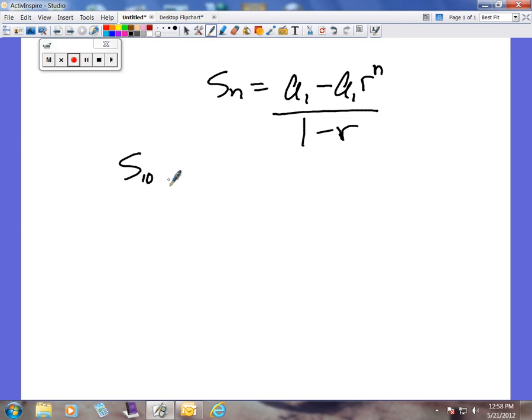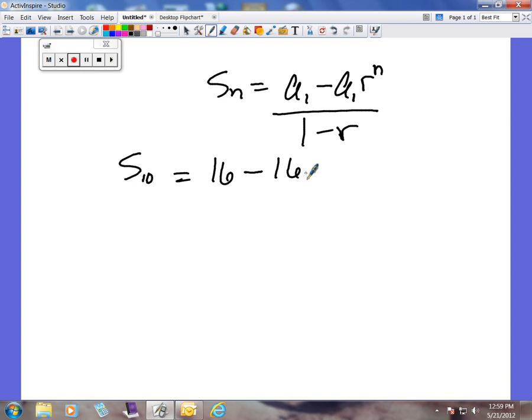So we got S sub 10 because we're finding the sum of 10 terms. The first term in the sequence is 16. Actually, this is a series because it has minuses and pluses. Do we know r yet? Oh, got to find r. How do we find r again? I think it's going to be negative 3, isn't it?